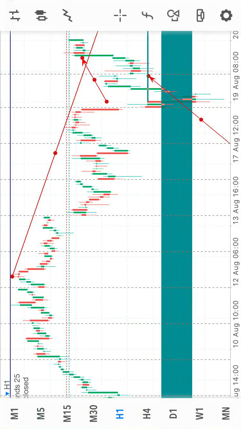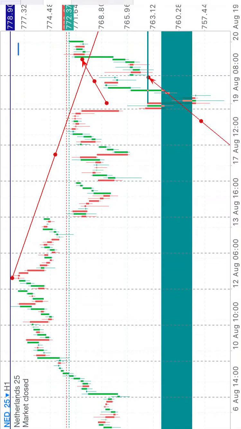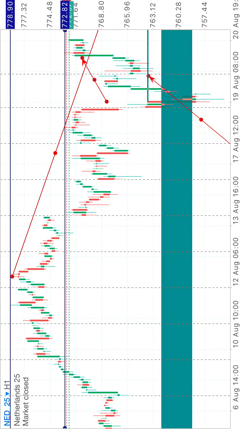So another thing, guys, on Netherlands 25, I'll be expecting prices to break 772.82 to confirm that we are done with the retracement move.